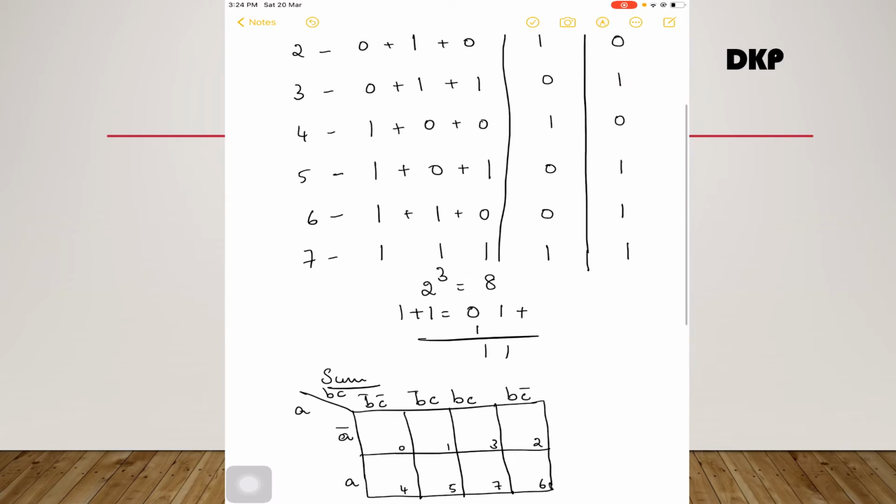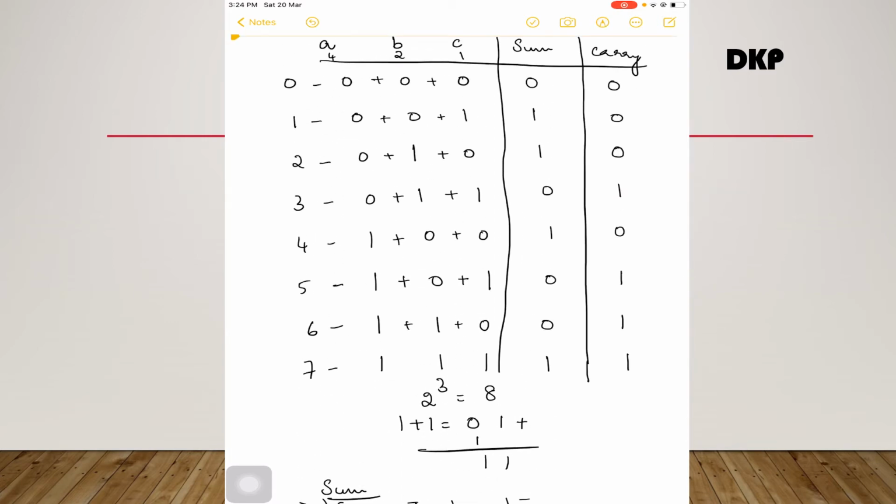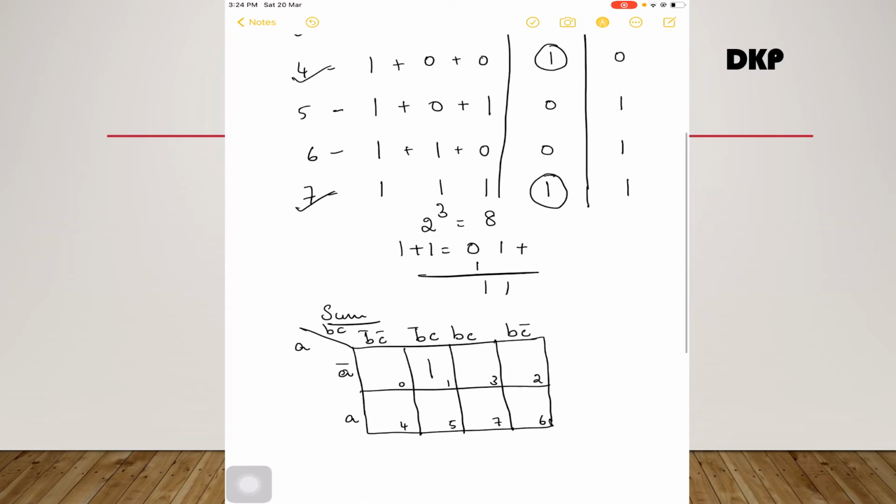Now you have to place the ones in the cells corresponding to the output given as 1. Which are those cells? They are 1, 2, 4 and 7.